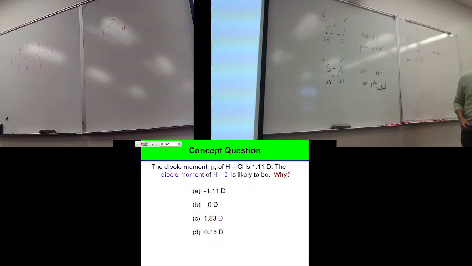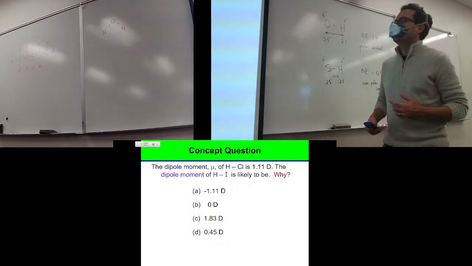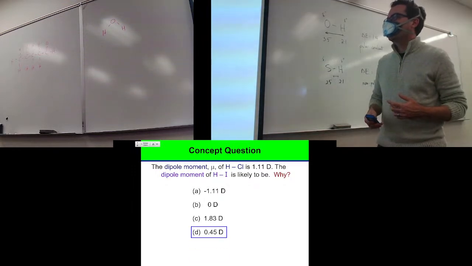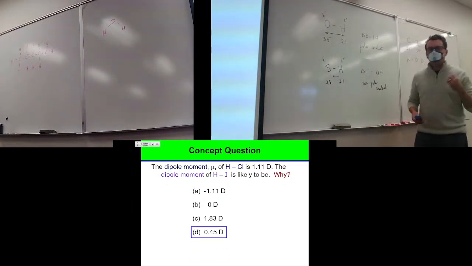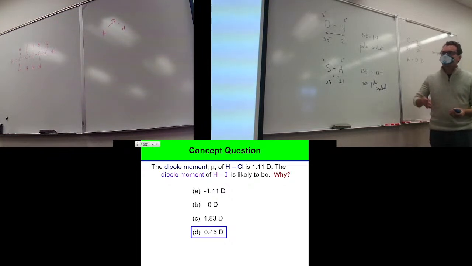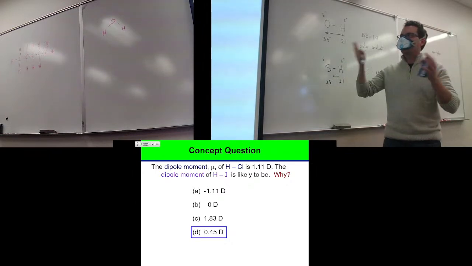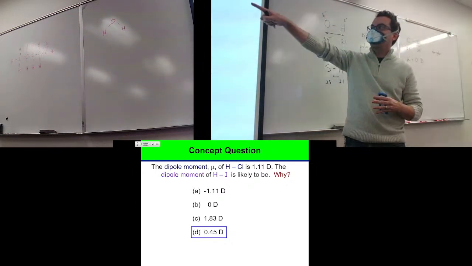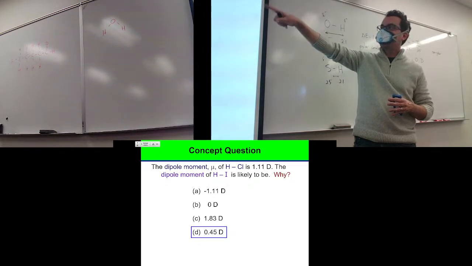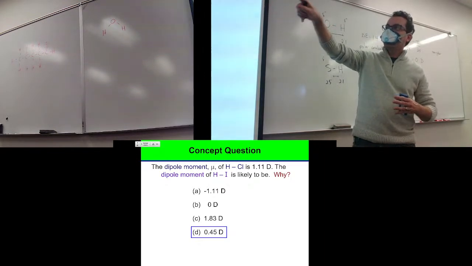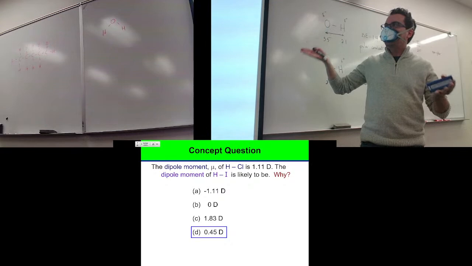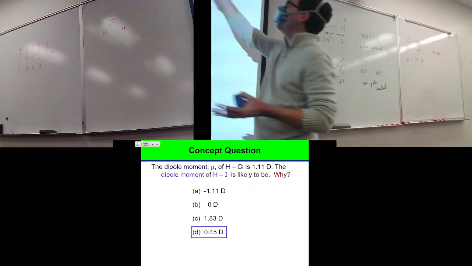Got a big group of answers here. The actual answer is going to be D. So HCl has a certain polarity to it. We can compare the difference in electronegativity between H and Cl. Cl is not the highest electronegativity, but it's close to fluorine, so it's pretty high. Hydrogen is kind of low, so it's going to have a pretty big difference in electronegativity. It will make a pretty polar bond.